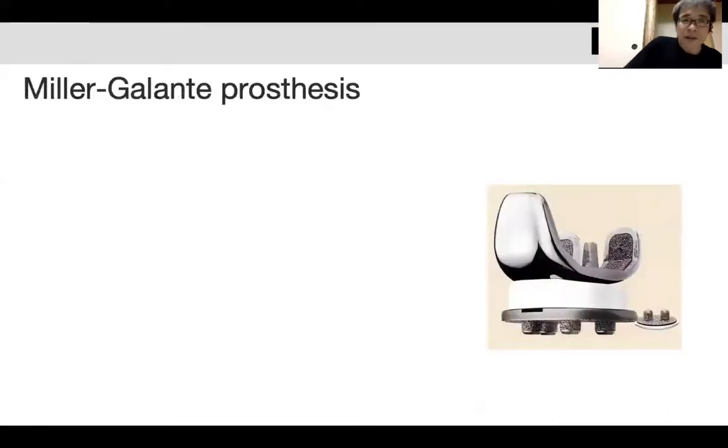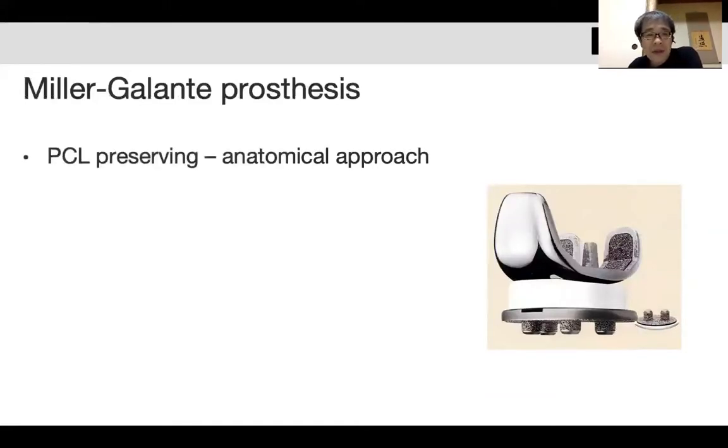And this is the Miller-Galante prosthesis. This is a PCL-preserving anatomical approach. I used this prosthesis early in my orthopedic career, when I was a resident. This was the most popular prosthesis.